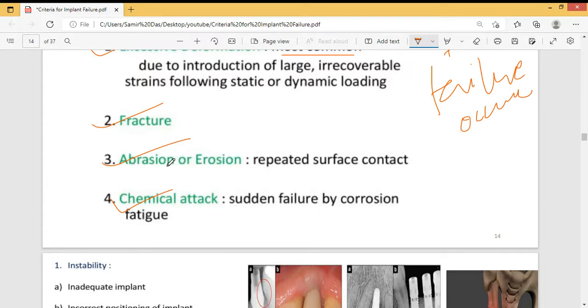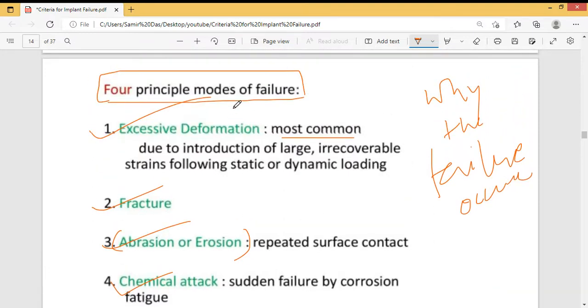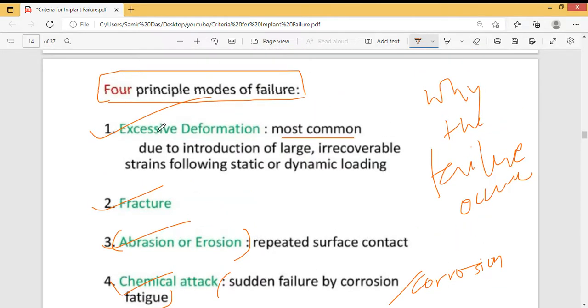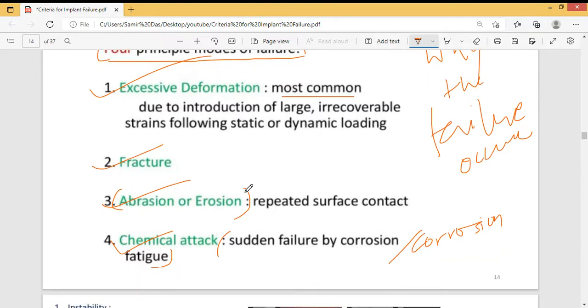Abrasion and erosion are basically the same, due to a mechanical phenomenon, but corrosion is a chemical phenomenon. This chemical attack is also known as corrosion of the material. So broadly we can say deformation, fracture, erosion, and corrosion. Those four.